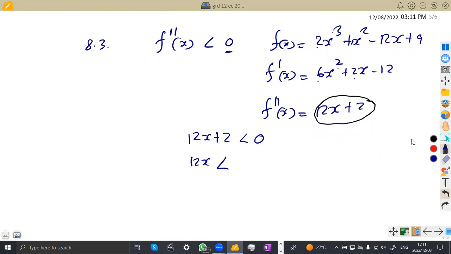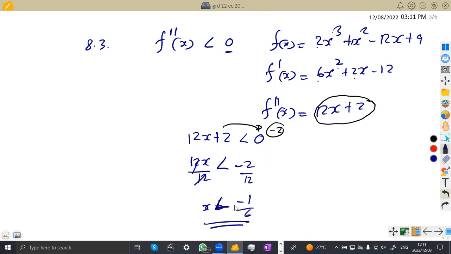We can transpose the 2 to the other side of the inequality, and that will be negative 2, since 0 minus 2 is negative 2. Then divide by 12 on both sides, so x is less than negative 2 over 12. If we divide by 2, it's negative 1/6. So x is less than -1/6.